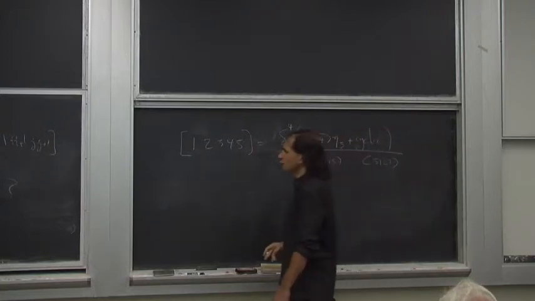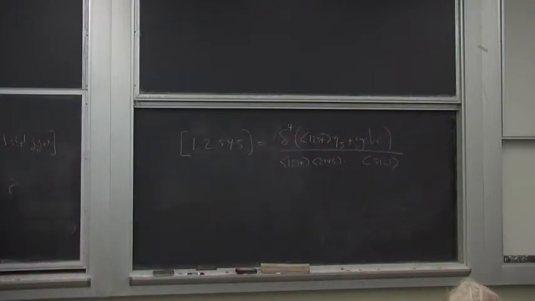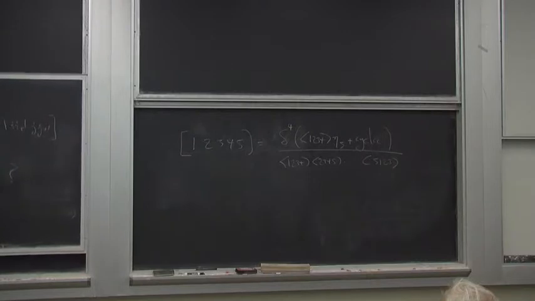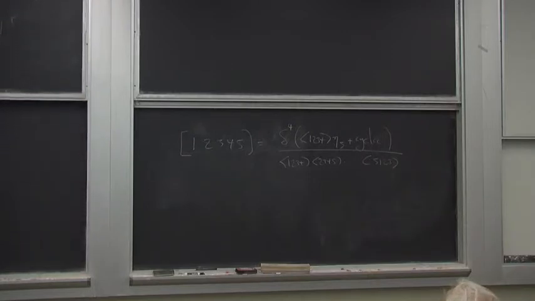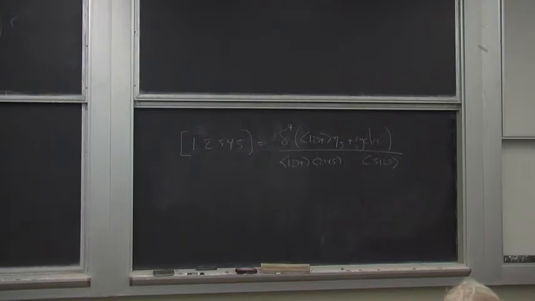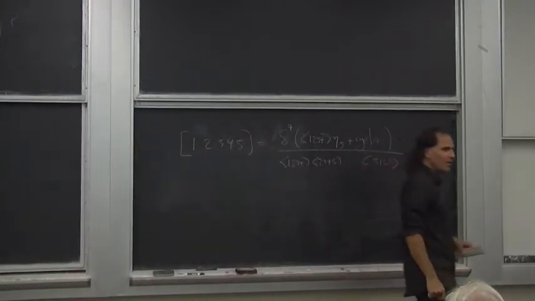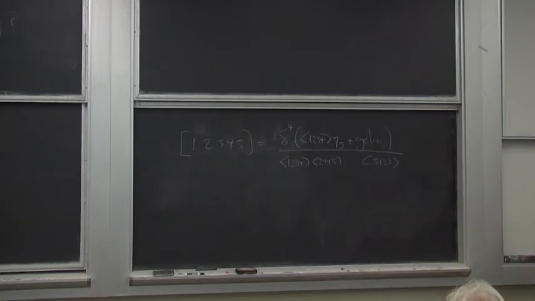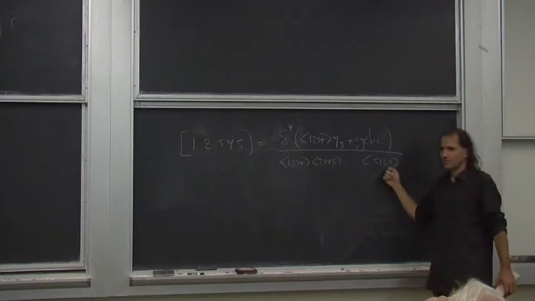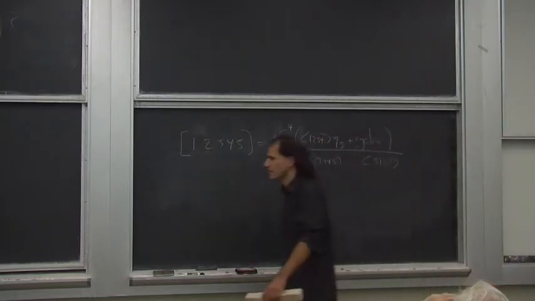And already with this object, I can illustrate really three interconnected themes: positive Grassmannian, old amplituhedron, new amplituhedron. Those three things can already be seen as different interpretations of this formula.